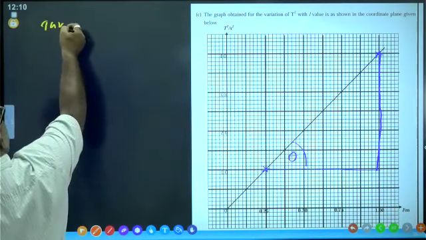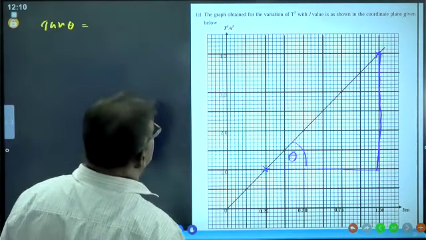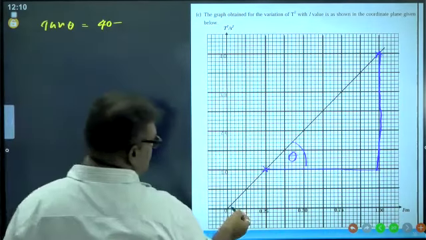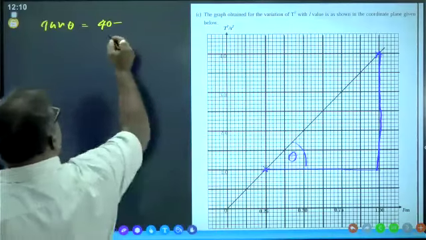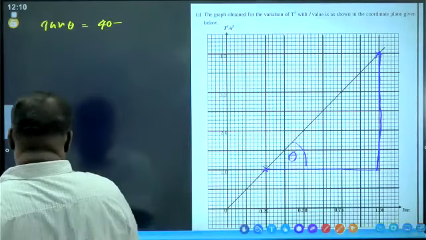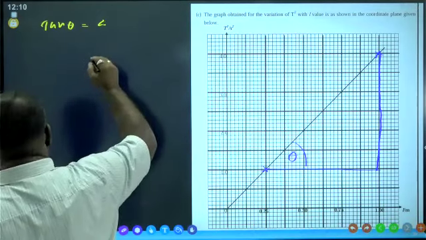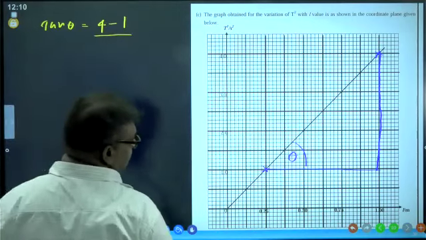Tan theta equals opposite over base: 4 minus 1, divided by the L difference.